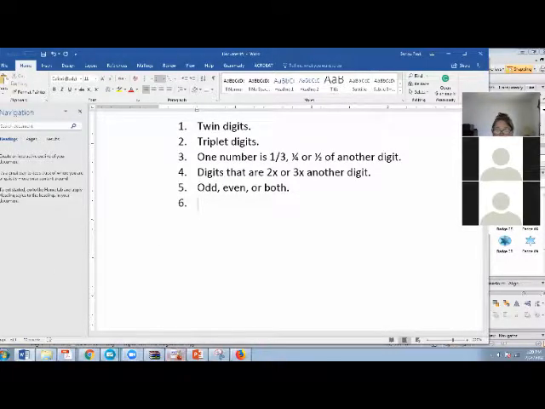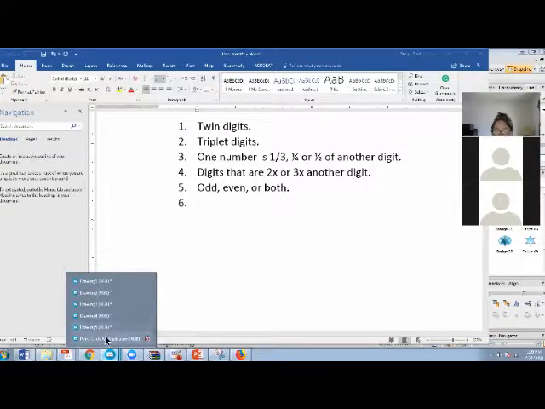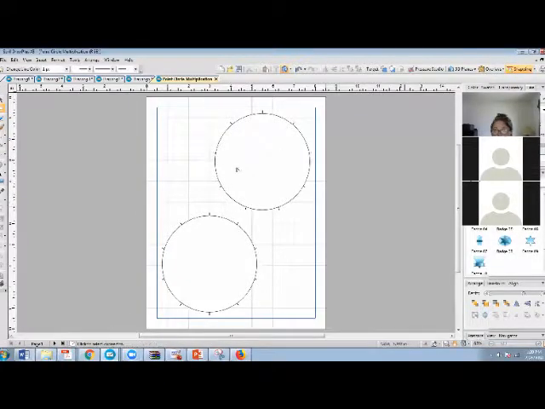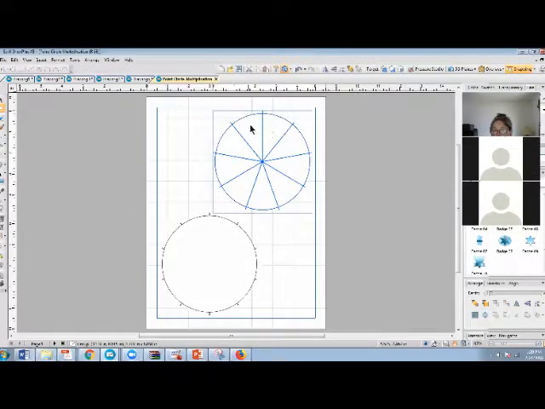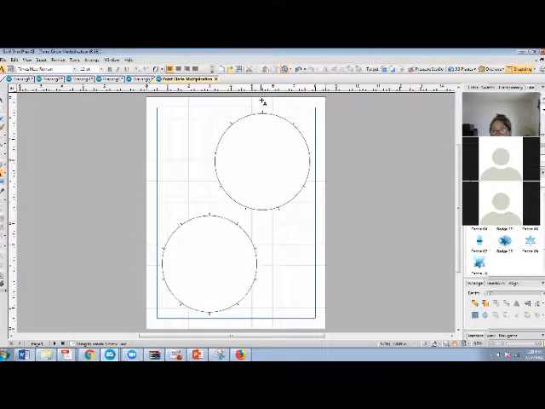So let's look at this, because I have these up. So I have a 9-point circle here, right? 1, 2, 3, 4, 5, 6, 7, 8, 9. So if we put 9 at the top, and this is then 1.